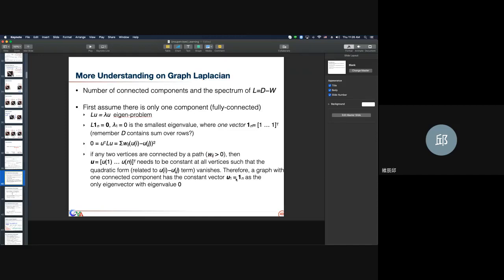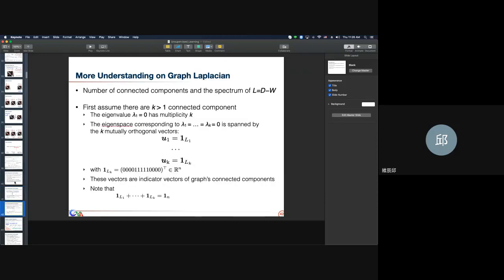Okay, so that is the basic idea. And so far we have described that according to the eigen decomposition of your graph Laplacian matrix, you are able to tell how many connected components are in your similarity graph.